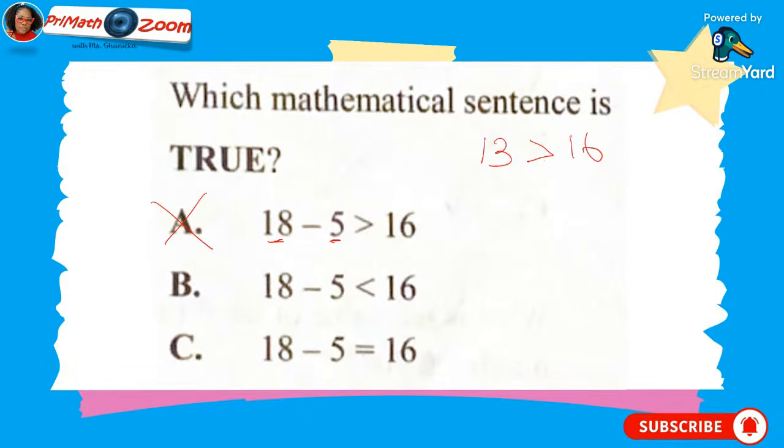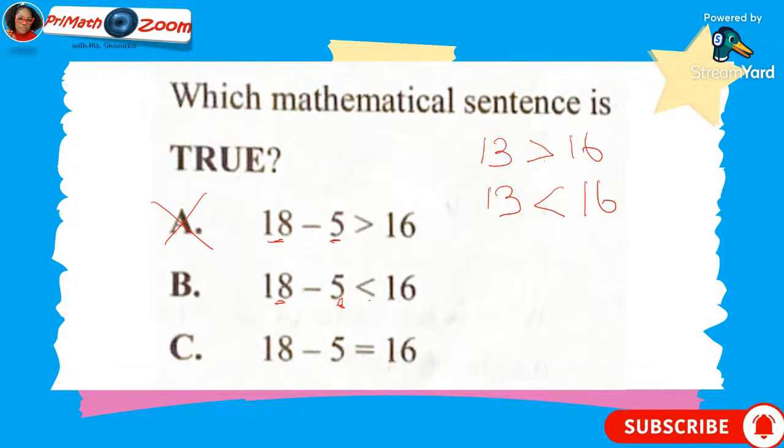Let's check out B. B says 18 take away 5, and that is 13, and the sign is less than. 13 is less than 16. Is that statement true or false? All right.